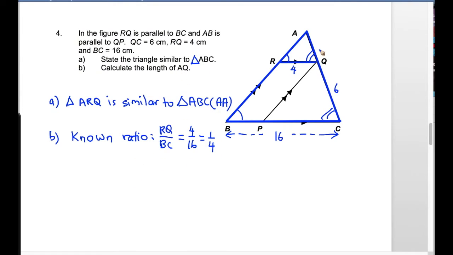Next, we want to find the length of AQ. The corresponding side to AQ is AC, and this equals the known ratio. And AC is made up of AQ plus 6.